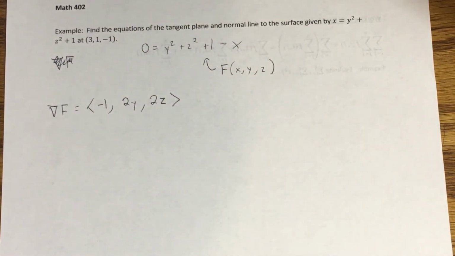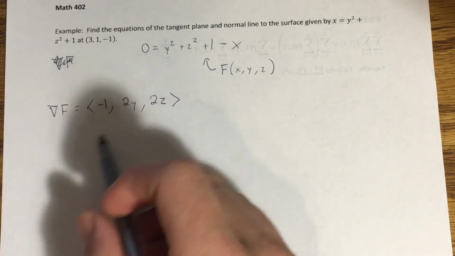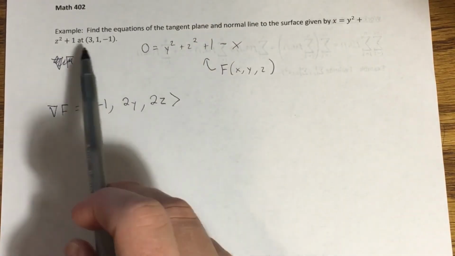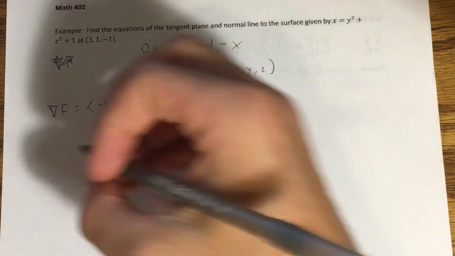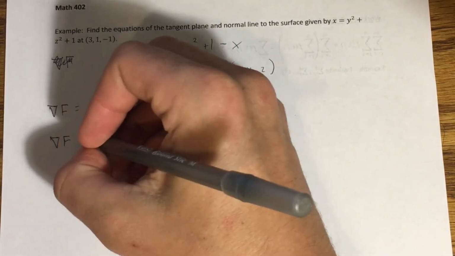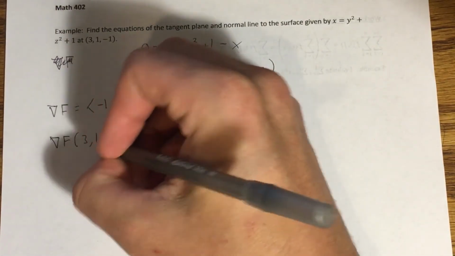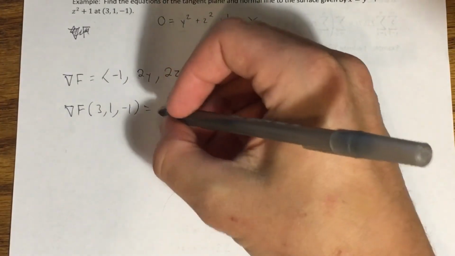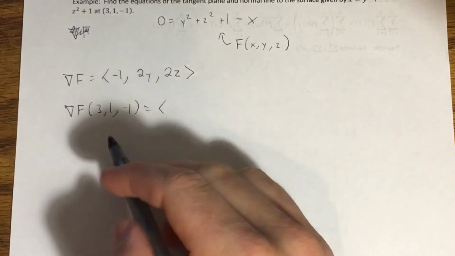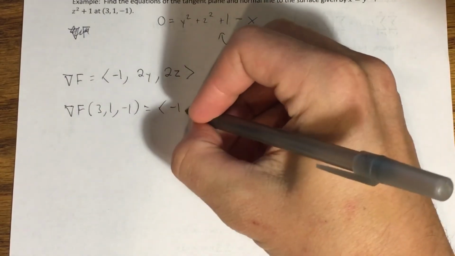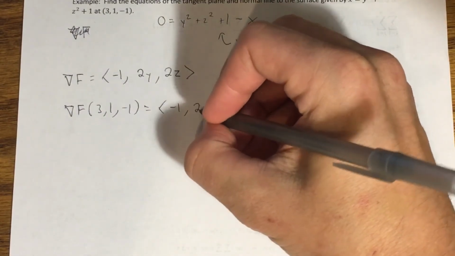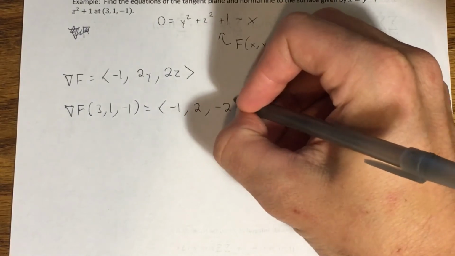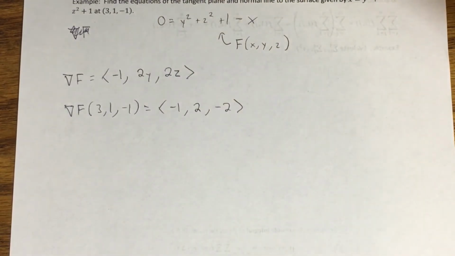Okay, and now we need that gradient at a particular point, 3, 1, -1. So what is del f of 3, 1, -1? Well, that would just be plugging these values in for x, y, and z here. -1, 2, -2. That's what that comes out to.